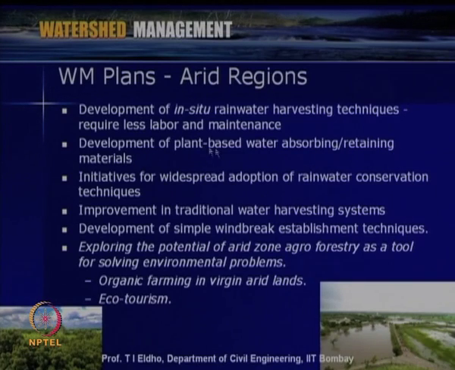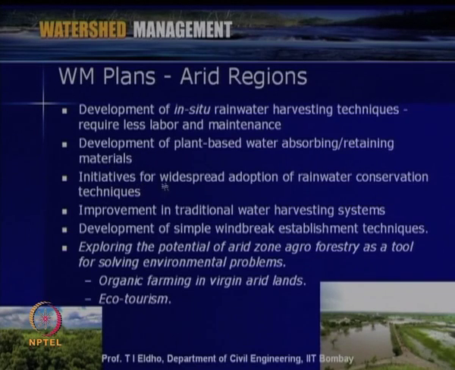Then development of plant based water absorbing or retaining materials. Depending upon the area, we can develop particular types of plants which can absorb water depending upon the rainy season, or depending upon the rain. This water will be absorbed by the plants and retained.